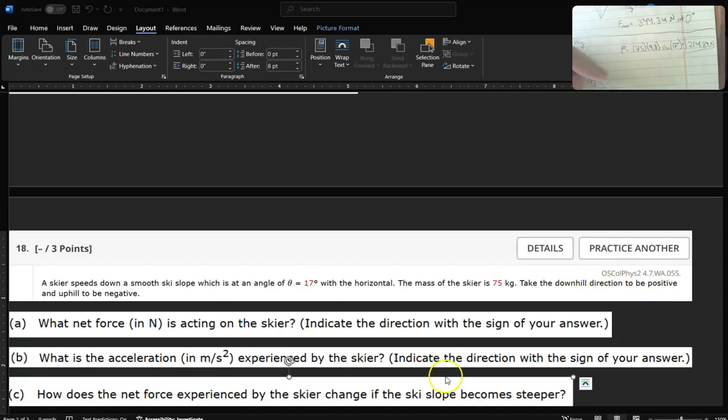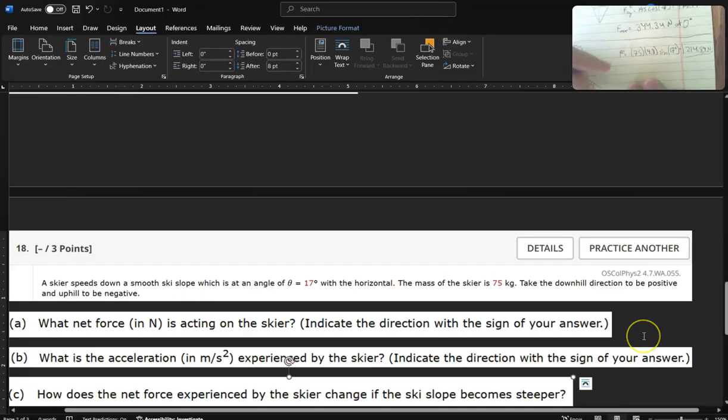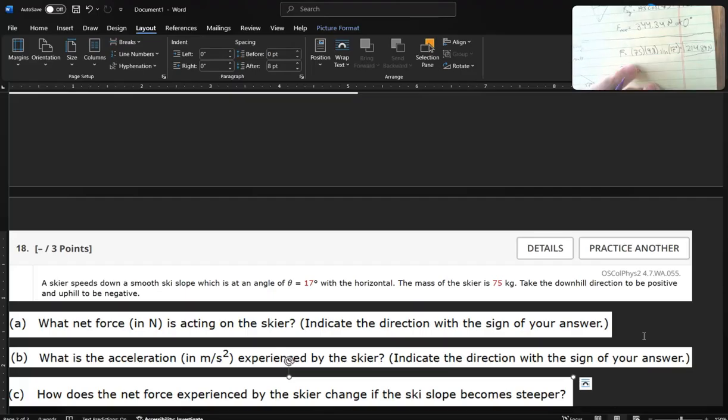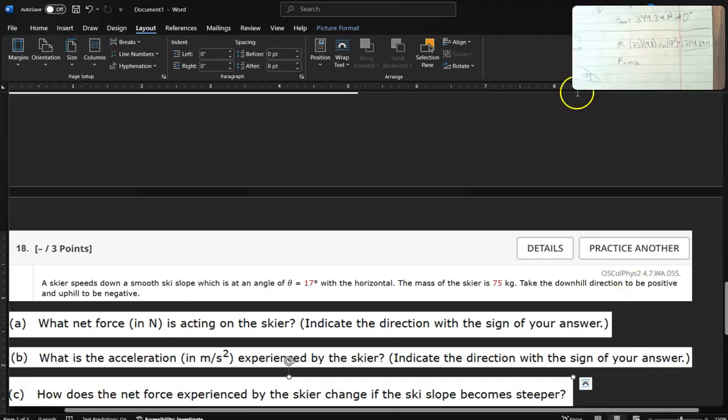All right. So again, force equals mass times acceleration. Here we have the force is 214.89. We know the mass is 75.